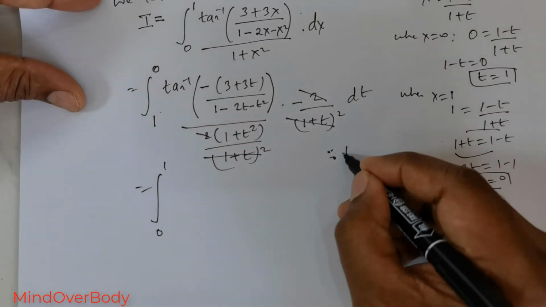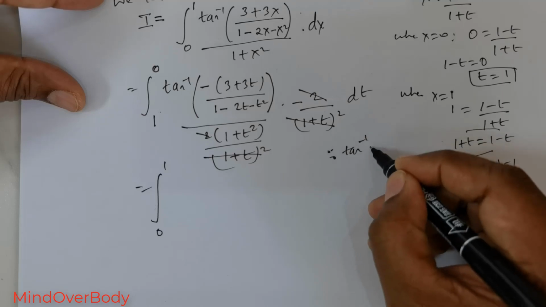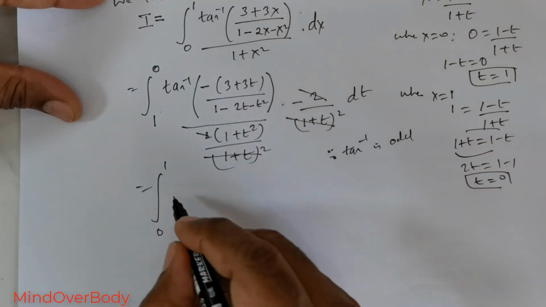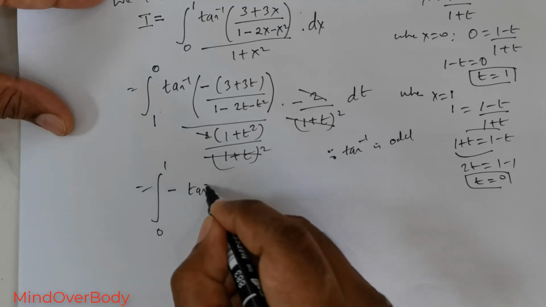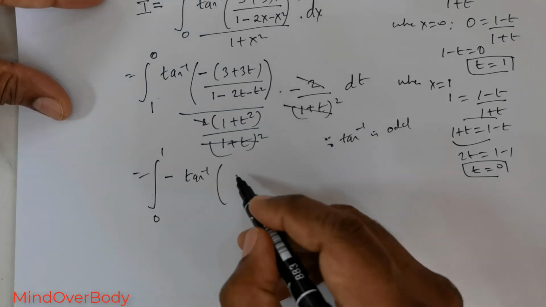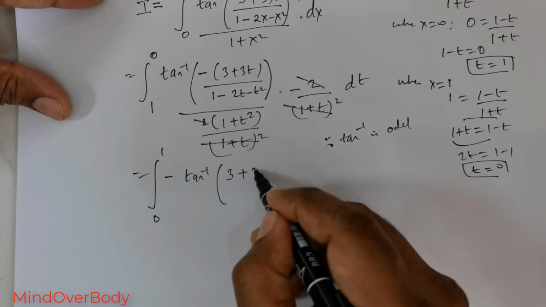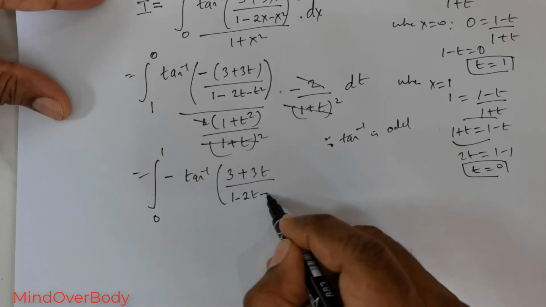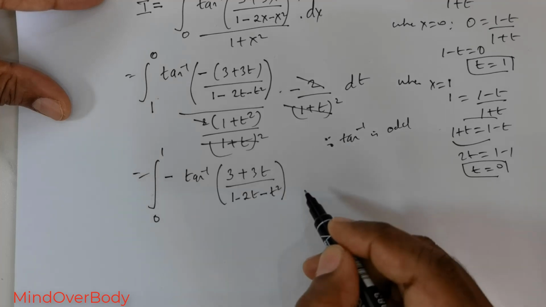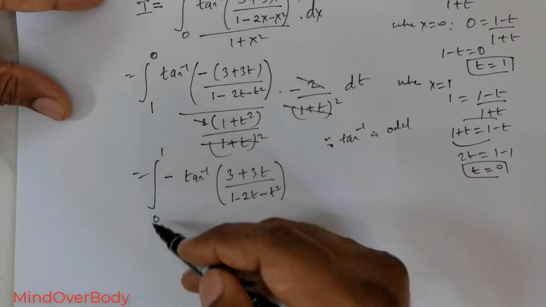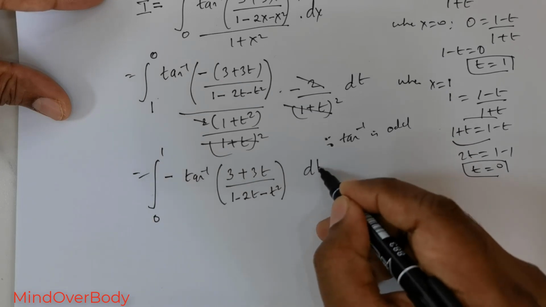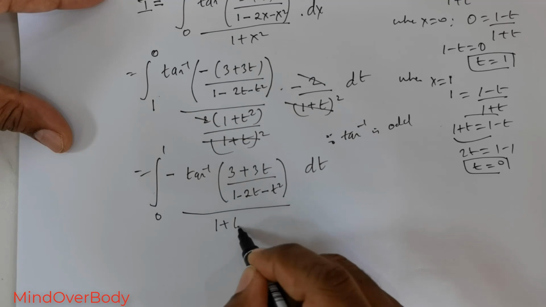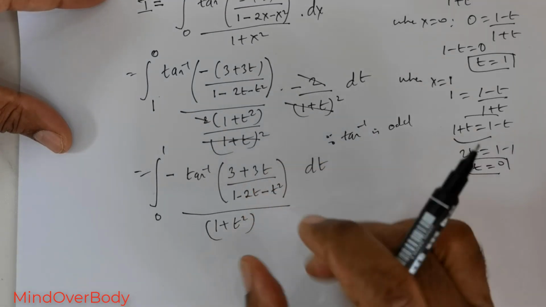Since tan inverse is odd, I'm going to rewrite this as negative of tan inverse of 3 positive 3t divided by 1 negative 2t negative t squared. This sign is annihilated because of the transfer of the limits, so you have a dt there, and then divided by 1 positive t squared. This is what we have got.